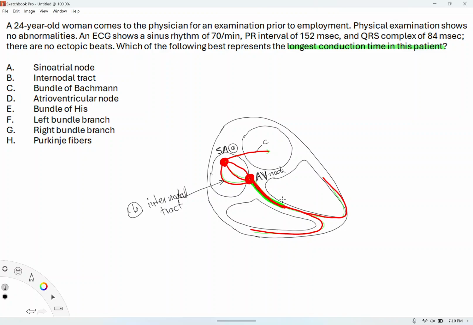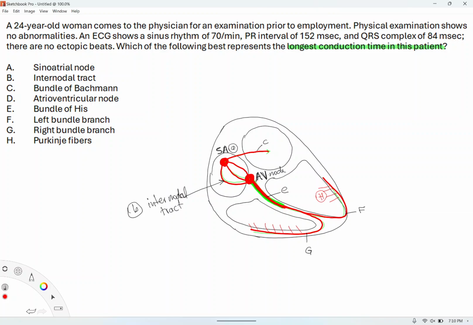Bundle of His is E. The left bundle branch is F, and the right bundle branch is G. And the Purkinje fibers will be coming from here, the smaller ones from each bundle branch. Purkinje fibers are H. Okay, so there you go.